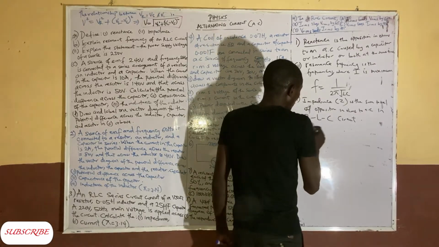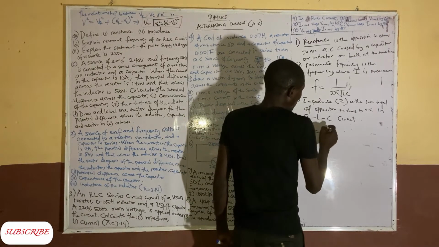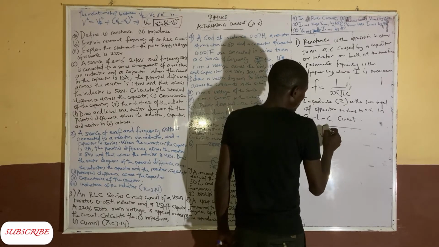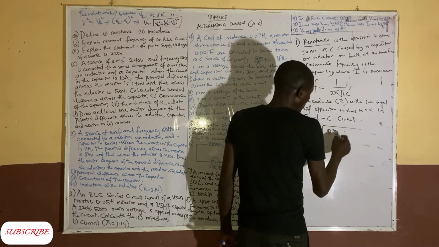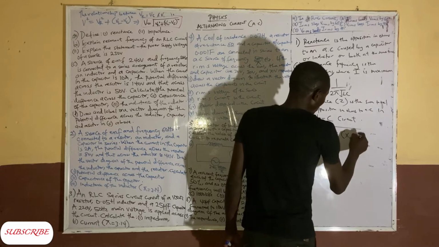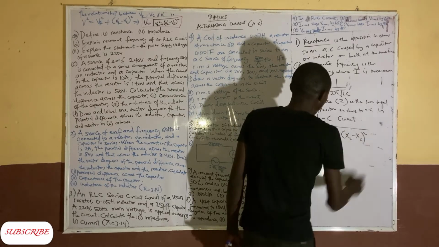So impedance is given as the square root of R squared plus (XL minus XC) squared. So that's the mathematical expression.